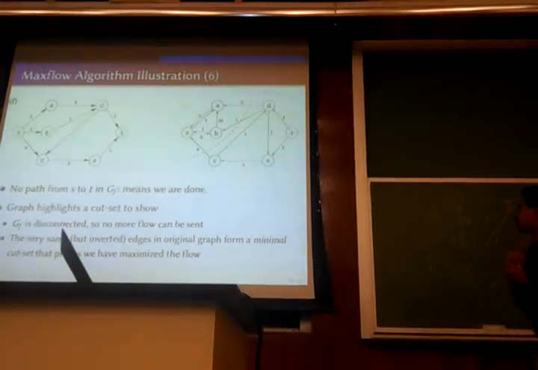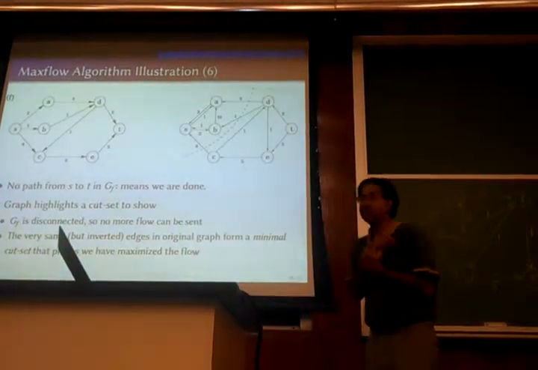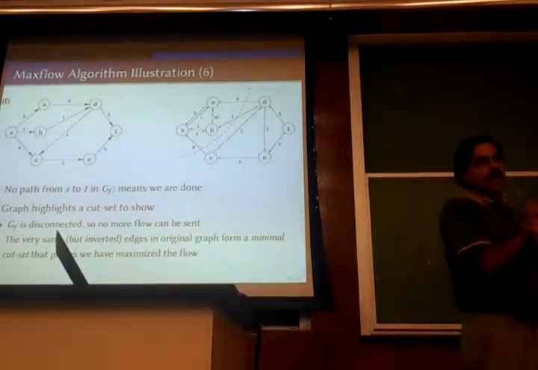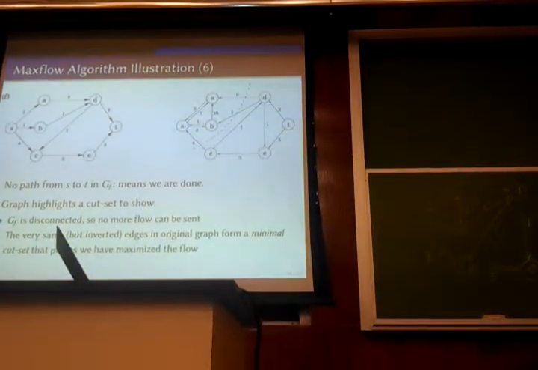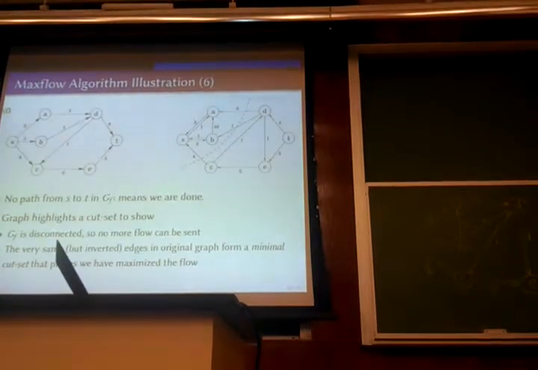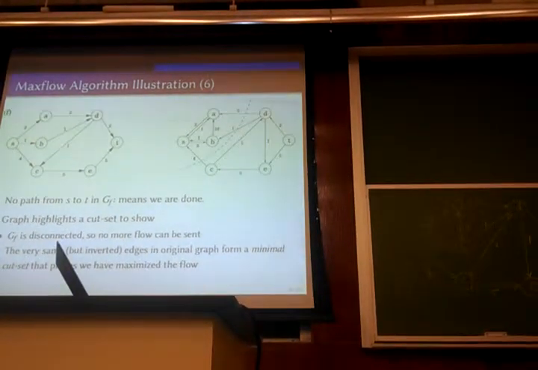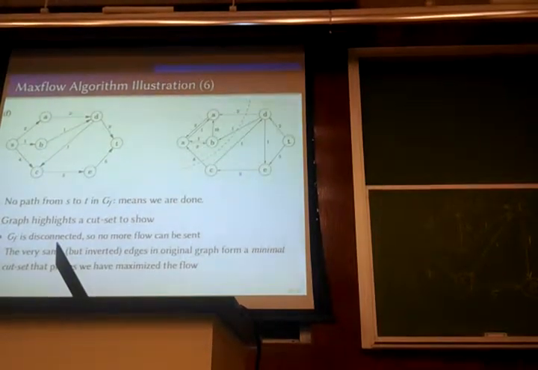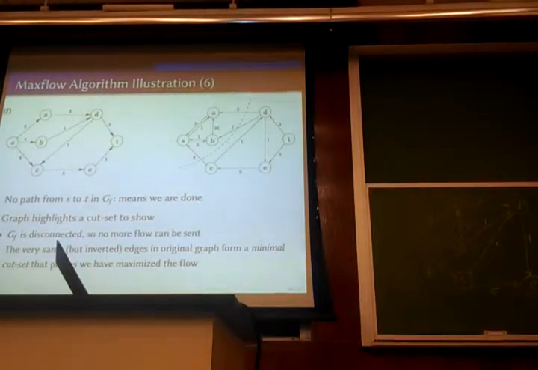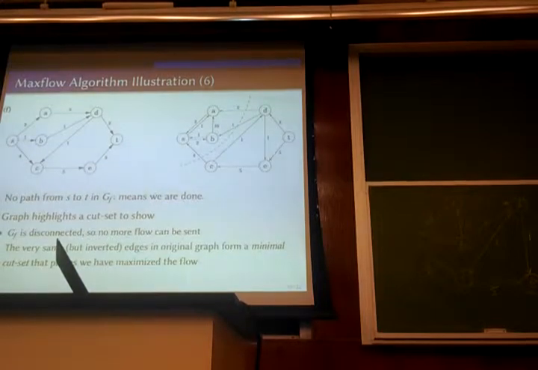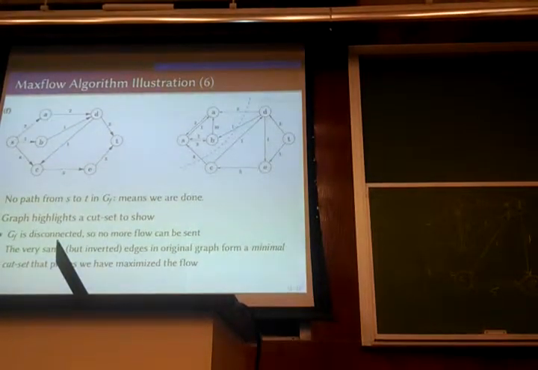Okay, so let's look at the picture on the right hand side. What is happening there is that we have identified what is called a cut. Which I think is a very intuitive concept, right? Especially if you draw a graph in a pictorial form, a cut is very clear.